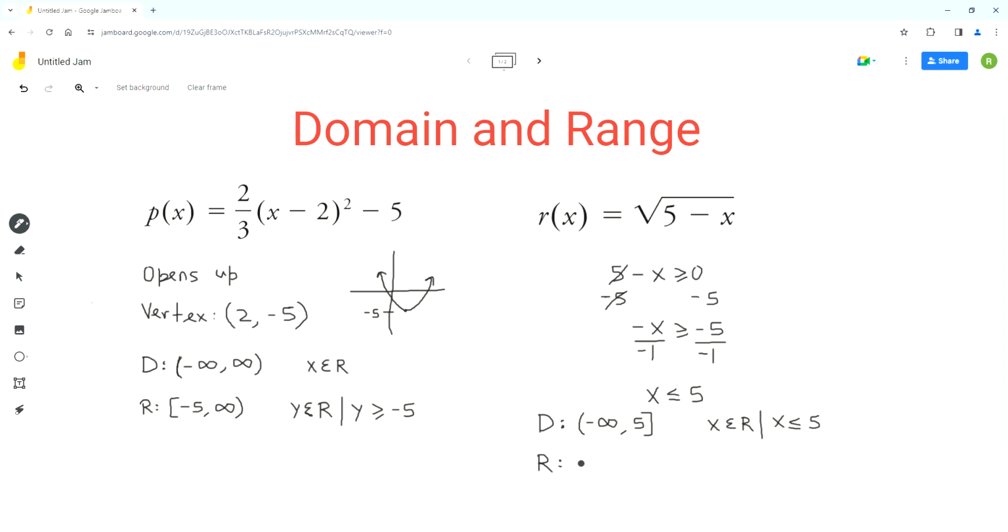So therefore our range can be written as [0, ∞). And 0 is part of the range, so that's why we use the square bracket for 0. And in the other notation, we can write the range as y ∈ ℝ, and y is greater than or equal to 0. So this is the domain and range of this square root function.